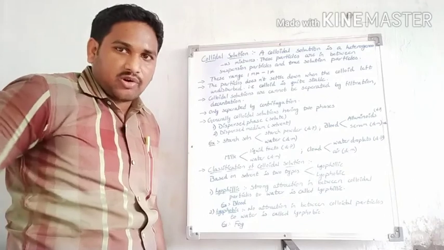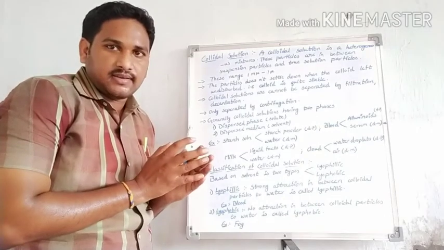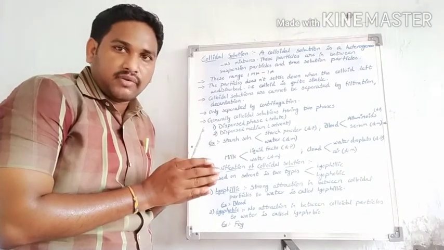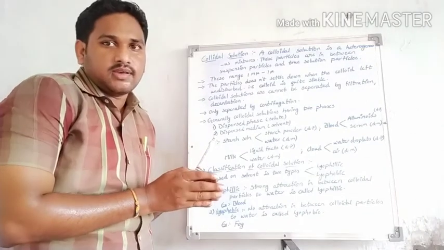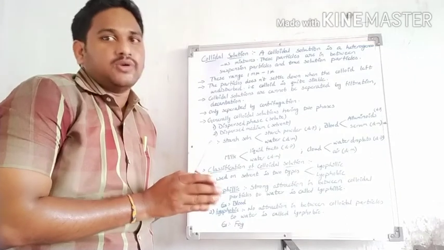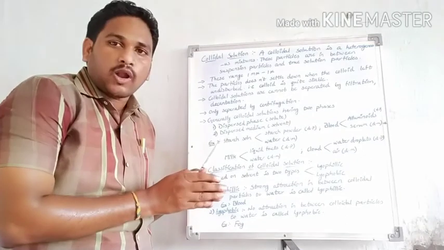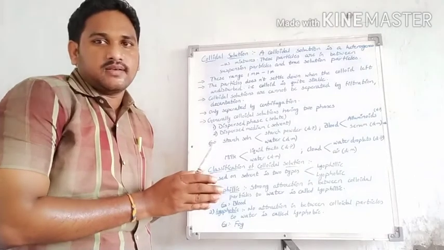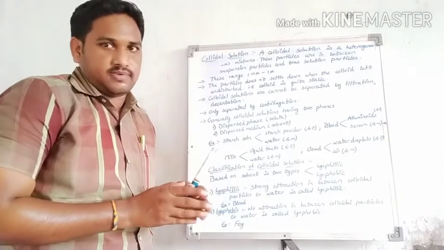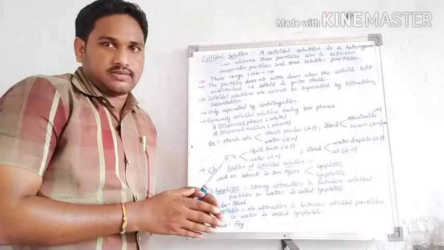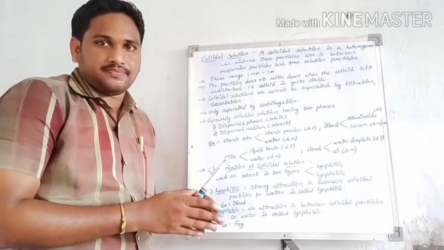Solvated solutions are highly stable. So lyophilic colloidal solutions are more stable. Examples are milk or blood.